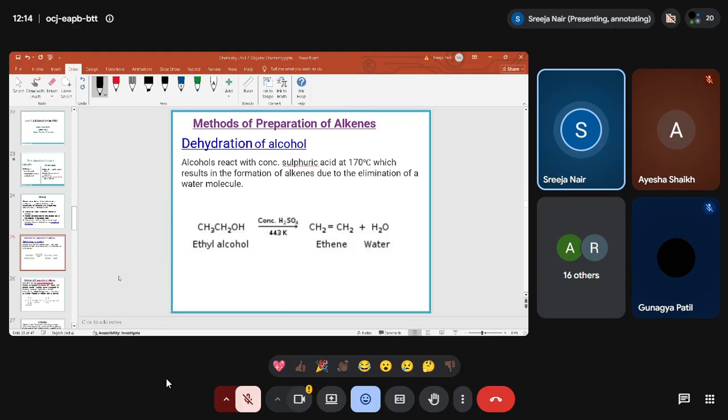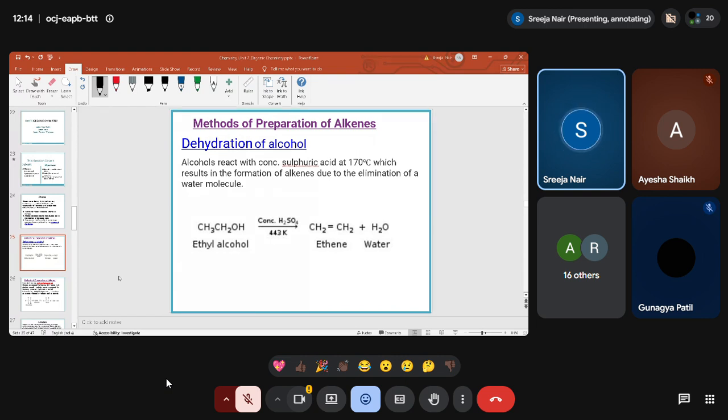These are the two important dehydrating agents mentioned in your textbook. The reaction with concentrated sulfuric acid happens at 170 degrees C. The temperature is also very, very important.